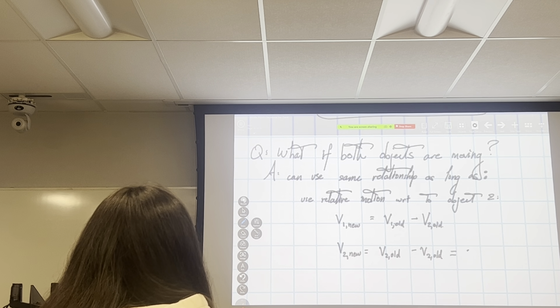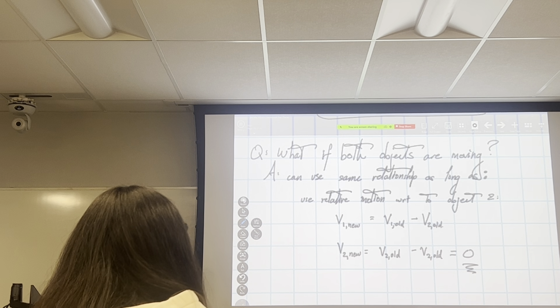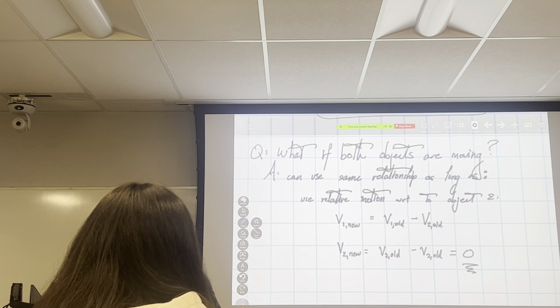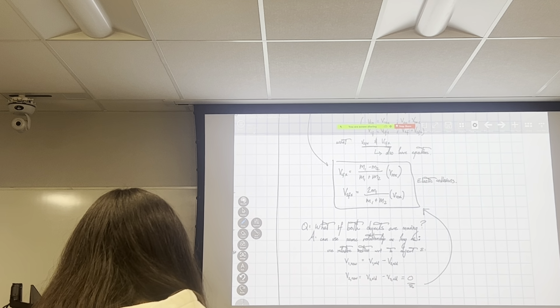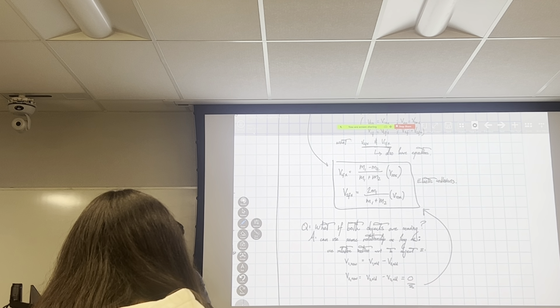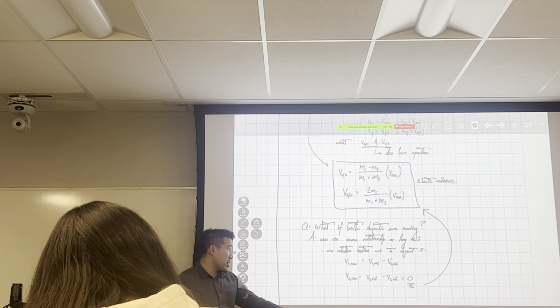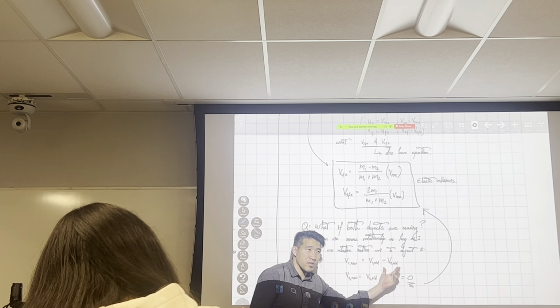Yeah, it is going to be 0. And you see, now we have effectively a stationary object number 2, which meets the conditions, and therefore we can use these two expressions for our final solution. So here, one is stationary, but one is moving with a new speed, which is the difference of their old speeds.